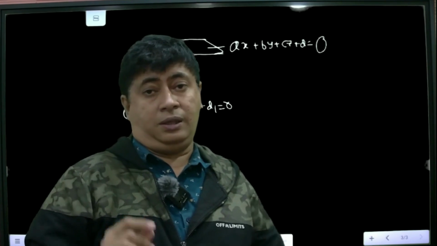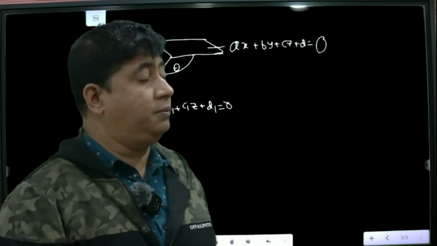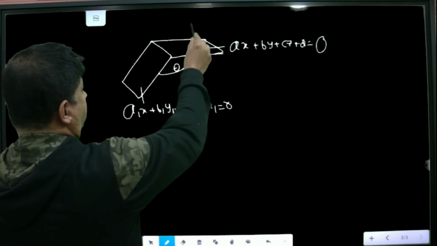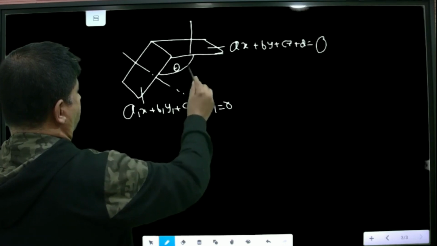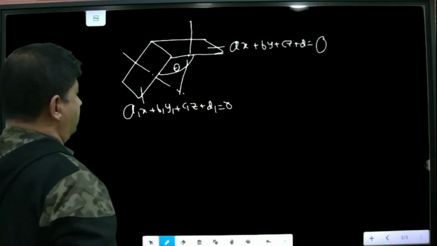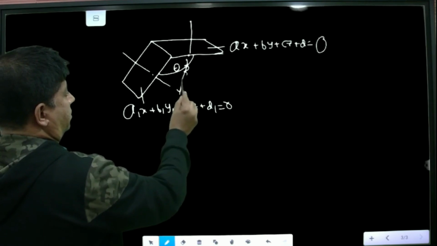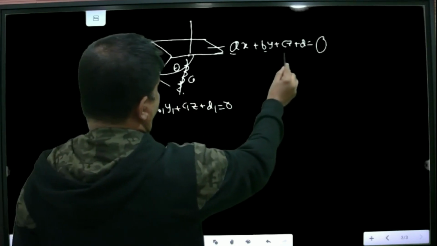So, the angle between two planes means the angle between the outer normals of the two planes. What is the direction cosine of the plane?